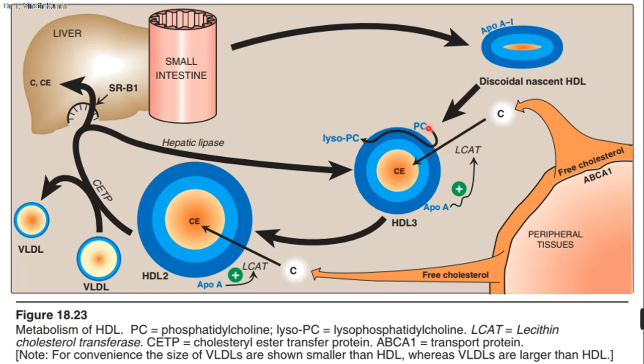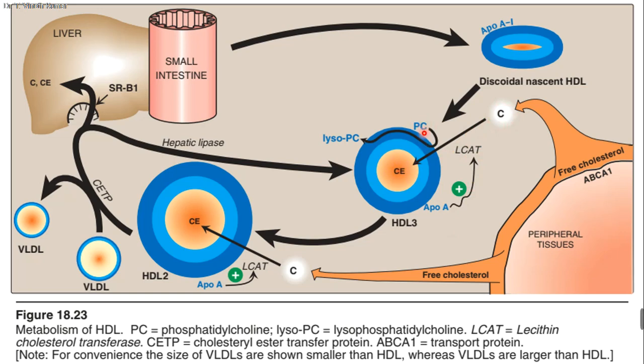At the same time, this process is facilitated by the conversion of PC to lyso-PC. This is a reaction catalyzed by the enzyme LCAT, lecithin cholesterol transferase. Apolipoprotein A is inducing the LCAT, and this LCAT is the enzyme that will convert cholesterol to cholesterol ester, and the cholesterol ester is packed inside the HDL.